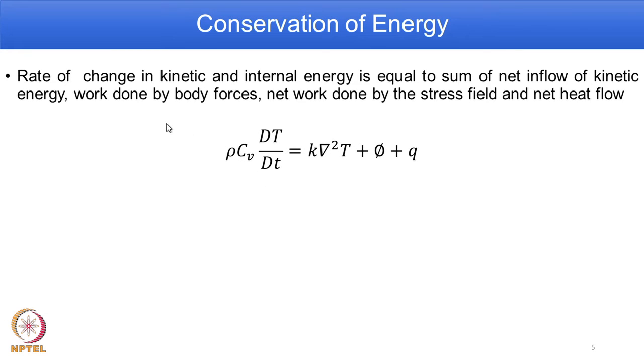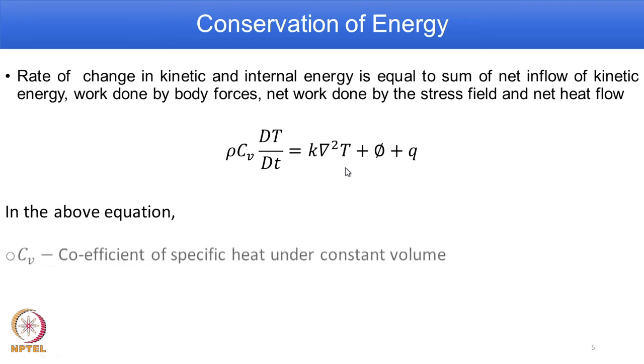And when this definition is applied, there are many arithmetic operations. Finally, the form that is given here is rho Cv d by dt of temperature on the left hand side, and there are 3 other terms on the right hand side.